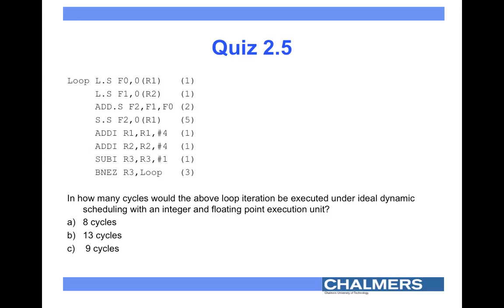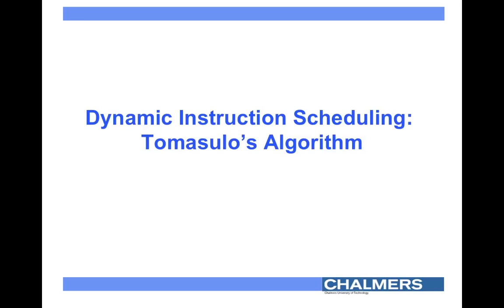So that is in the same amount of time as the store instruction gets done. So in fact we could get done exactly at the point when the store instruction is done. So if we add the cycles, it will become 9 cycles. So alternatives A and B are not correct.